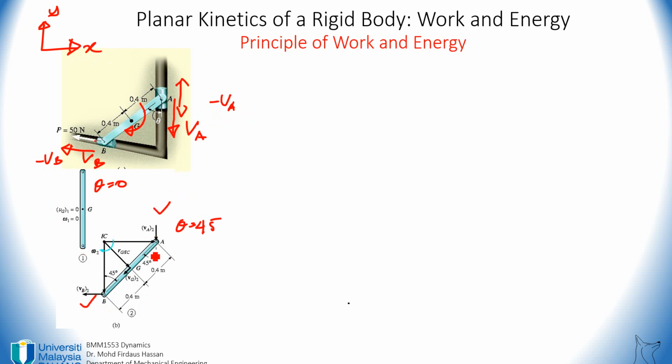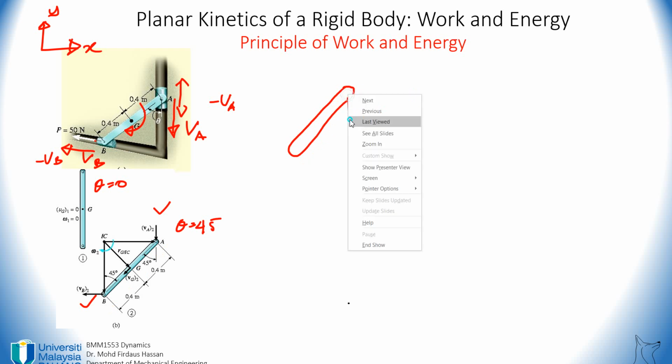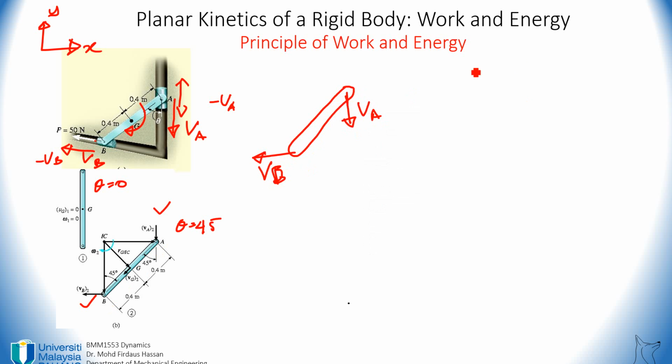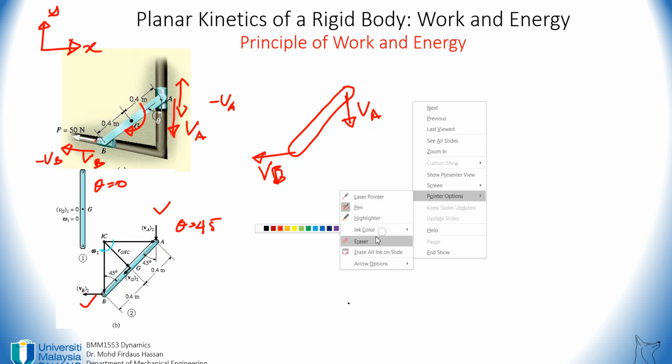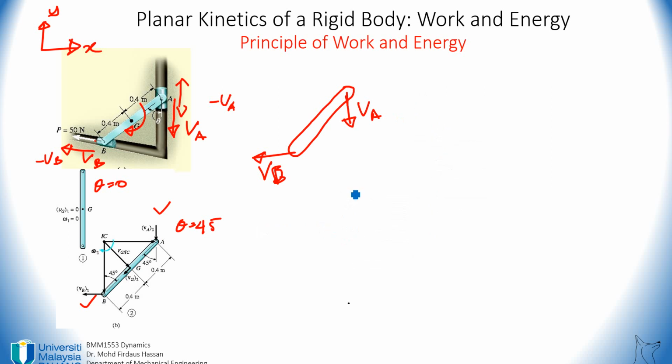Since you have two directions of velocity on the same rigid body, you can draw what? You can draw the IC. VA, VB. Okay, since you know the direction of two points of the velocity on the same rigid body, you can find the IC.